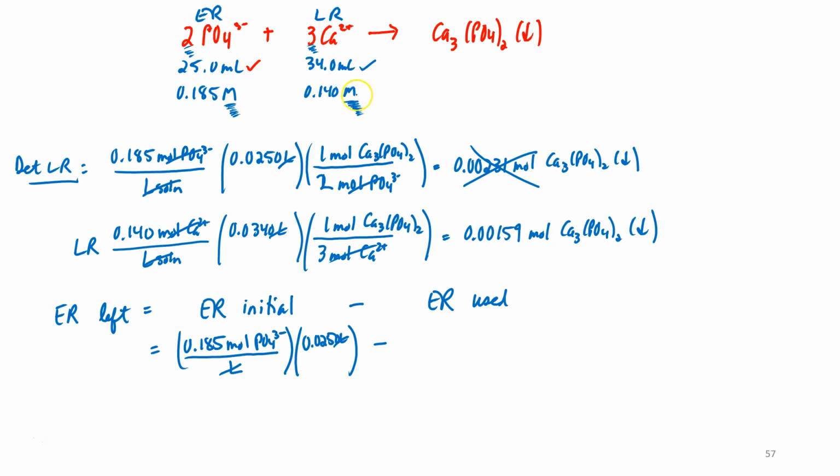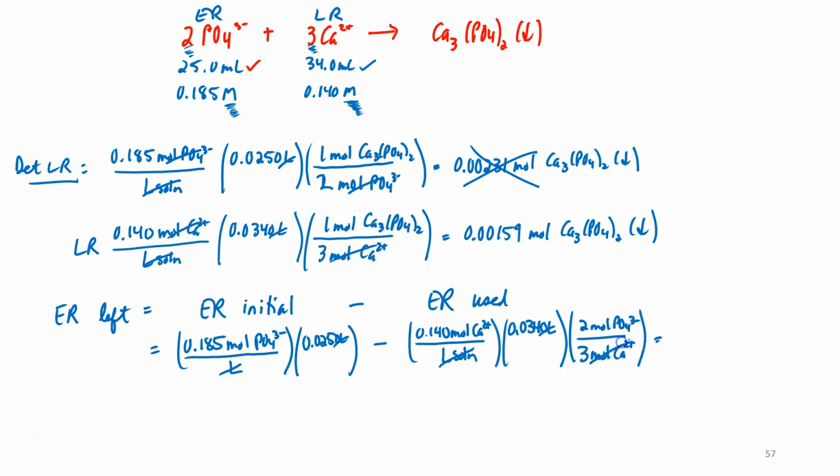So we're going to start with the concentration of the limiting reactant, 0.140 moles of calcium for every liter. And we know the volume of calcium, that's 34 milliliters or 0.0340 liters. And then we can say that for every 3 moles of calcium, 2 moles of phosphate were used.